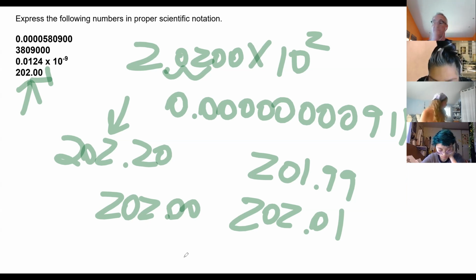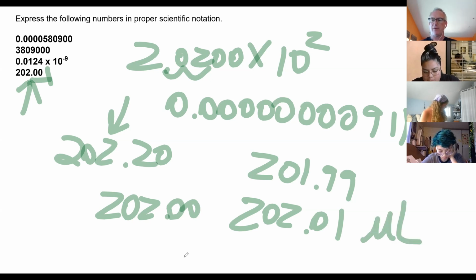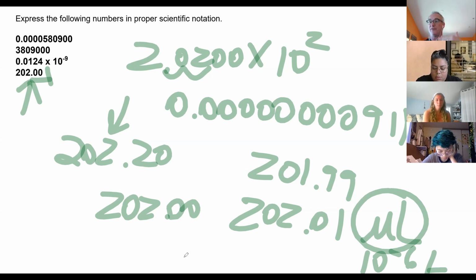When you're doing conversions from one unit to another, that's essential, because you can't take microliters, which is 10 to the minus 6 liters, and then convert it to liters. You can't use the number in microliters. You have to convert that to liters in order for your conversion to work.